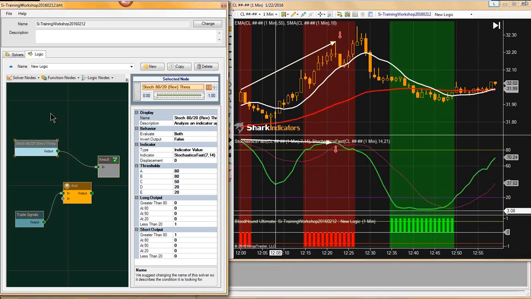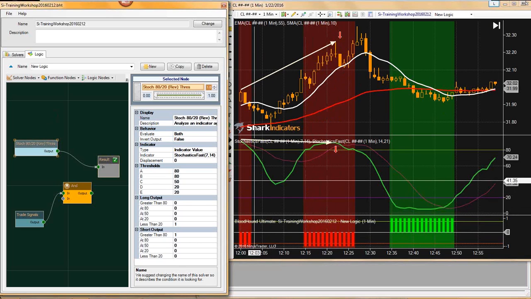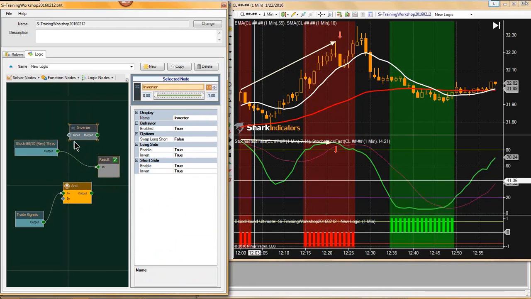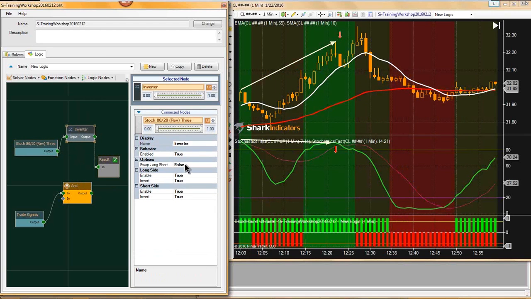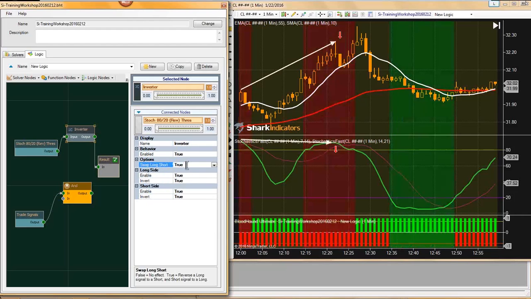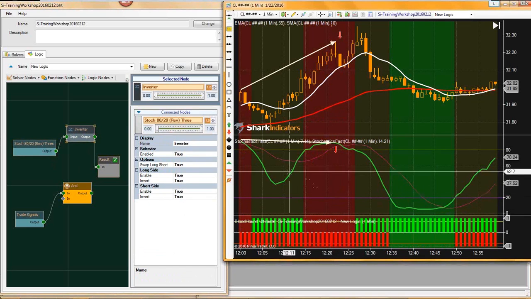A double manipulation on these signals, you could say. We're going to do that with the inverter, which will do that for us all in one. With the inverter, I do need to turn the swap on, because we're going to swap the output and then invert it. So that right there is the output that we want.